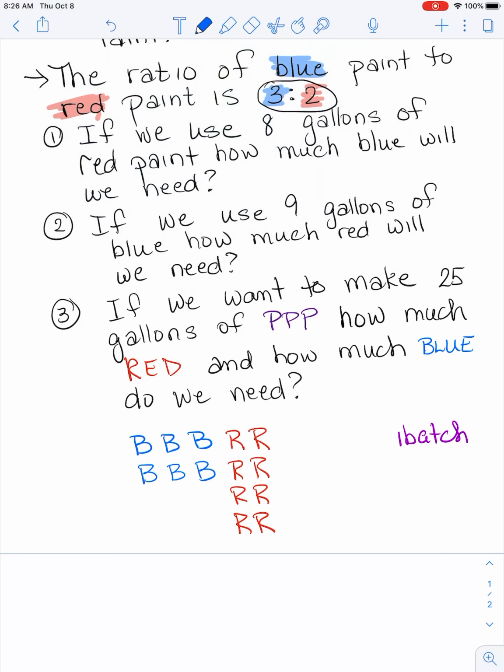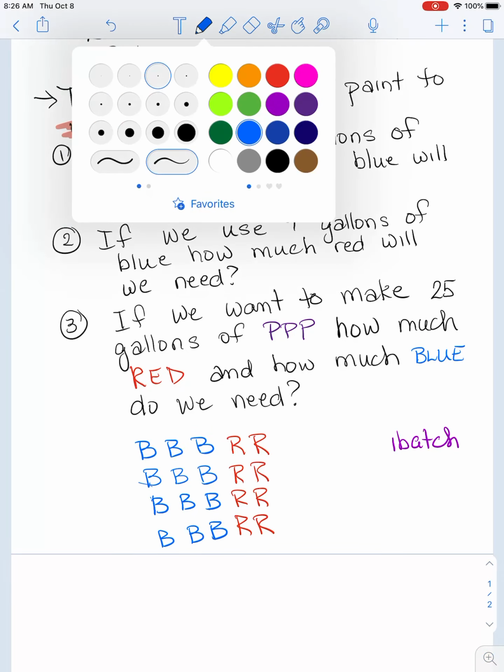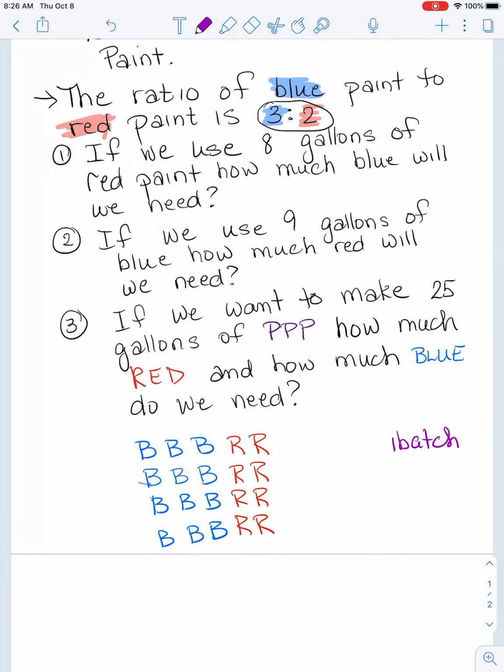So there we go. And because I have that, I have to make sure I have the same pattern. And here we go. Okay, so now I have 1, 2, 3. Can you see I have 4 batches of purple paint? This is 4 batches.